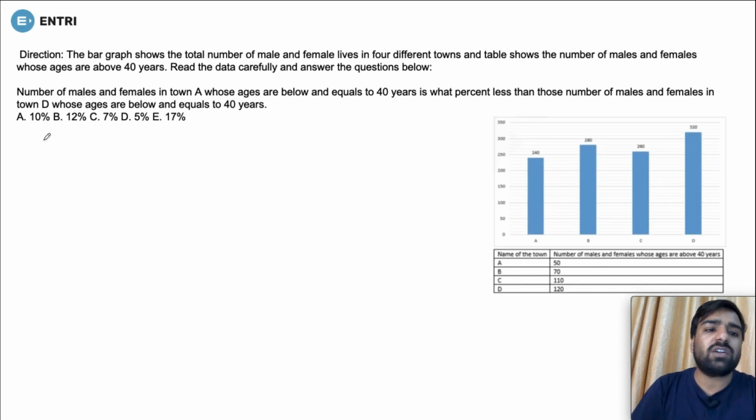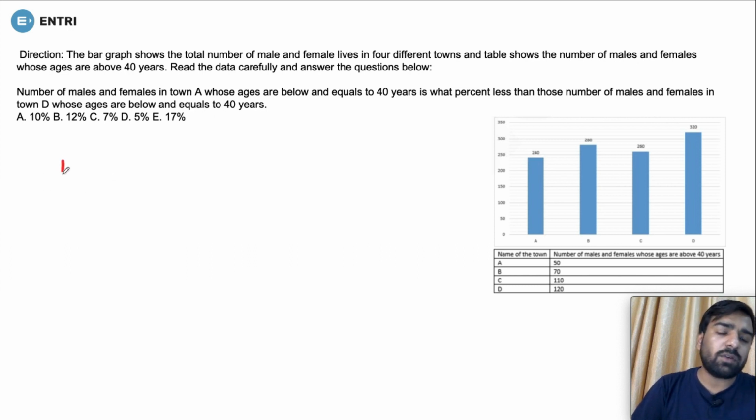Now next question is what? They are saying the number of males and females in town A whose age are below and equal to 40 years is what percent less than the number of males and females in town D whose age are below and equal to 40 years.